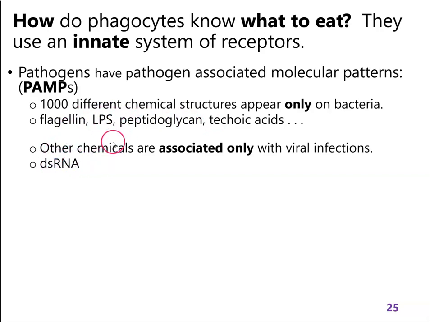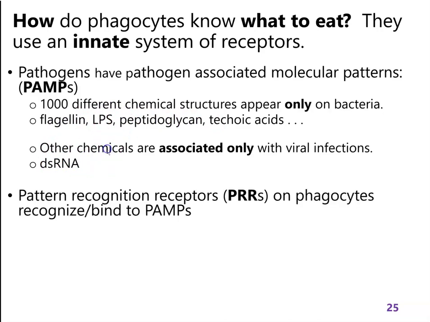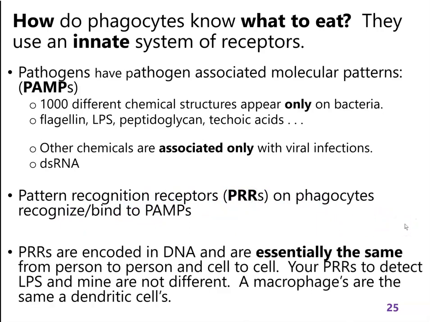And so the receptors that detect these things are pattern recognition receptors in general, or PRRs. So I will use PRR as the abbreviation. These are the receptors that let phagocytes know what to eat. And they're encoded in our DNA. We can identify them when we sequence our DNA, and we know what they are.